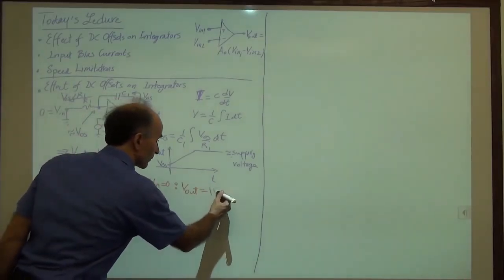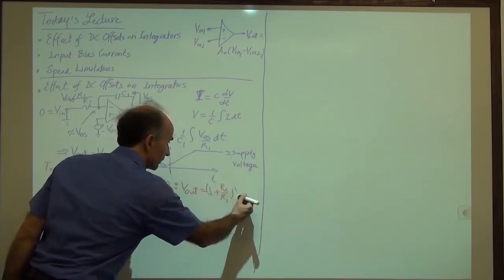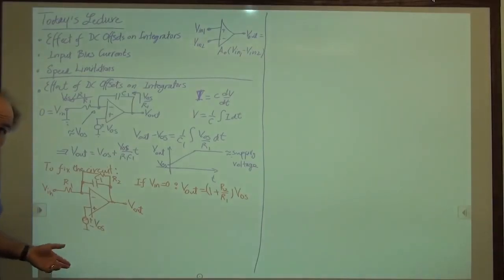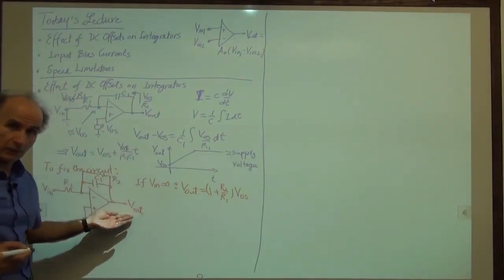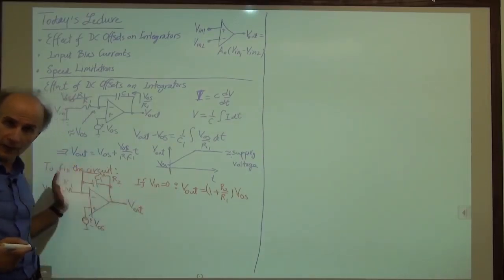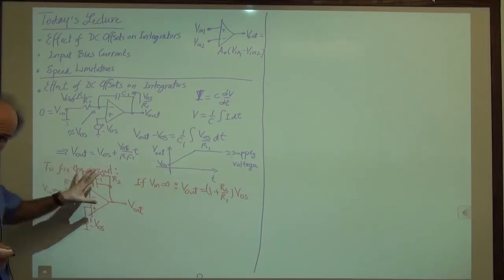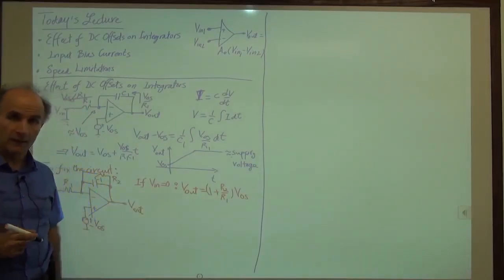So it's equal to 1 plus R2 over R1 times VOS. So yes, we do have some error at the output, this much. This much DC is sitting at the output, riding on top of anything that's coming through the circuit. So when we apply our input, the input goes through the circuit, generates an output, but in addition to that, we have this DC that's sitting there.